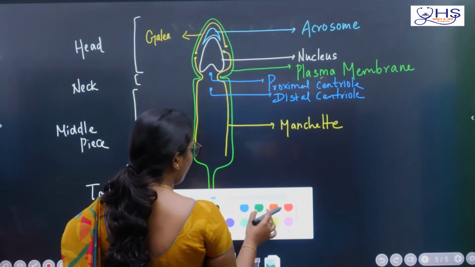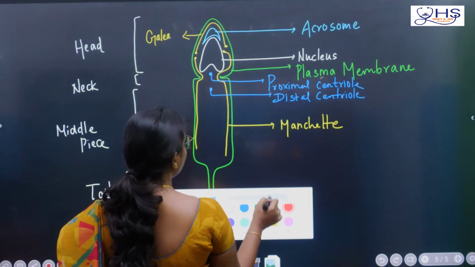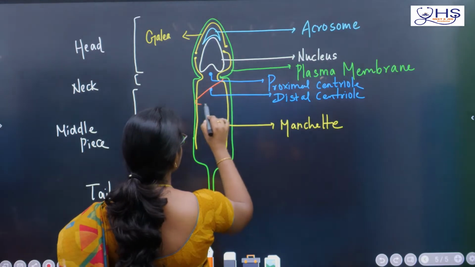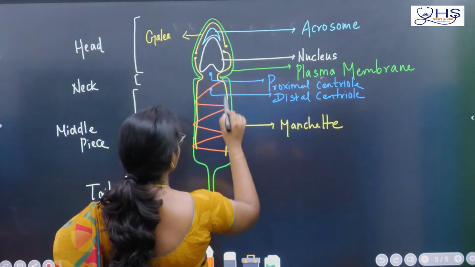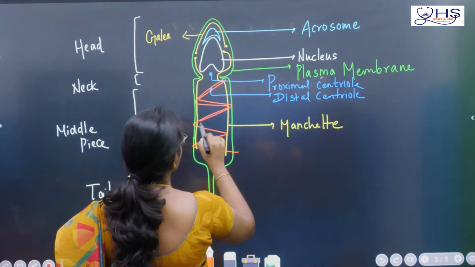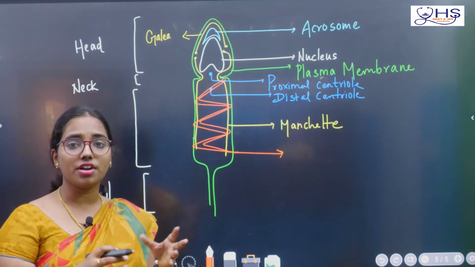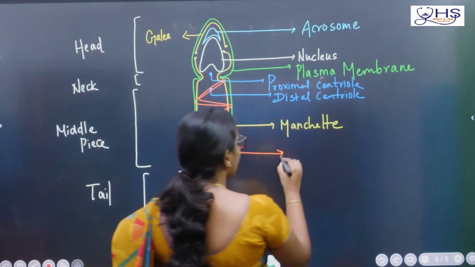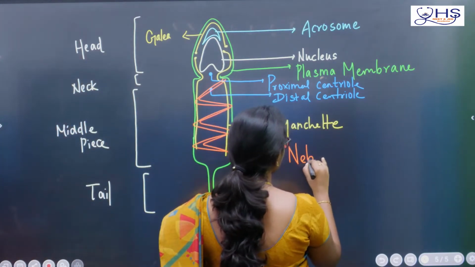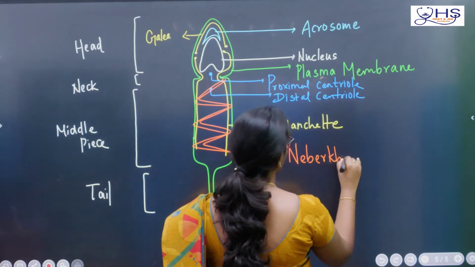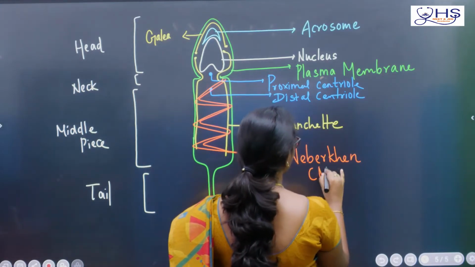And here a very important structure, the mitochondria, is present. This orange color structure is called mitochondria. The mitochondria here is called the nebenkern, which is nothing but mitochondria.